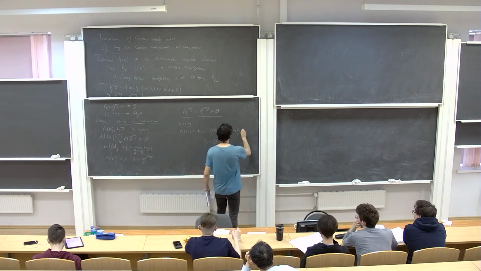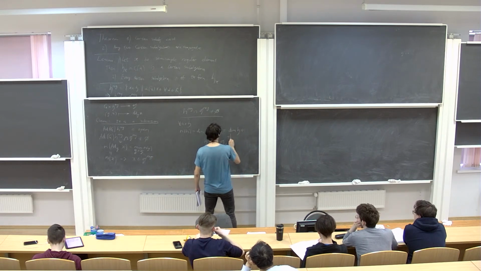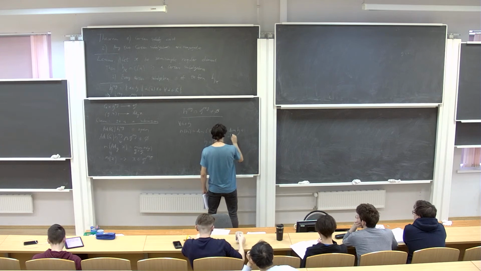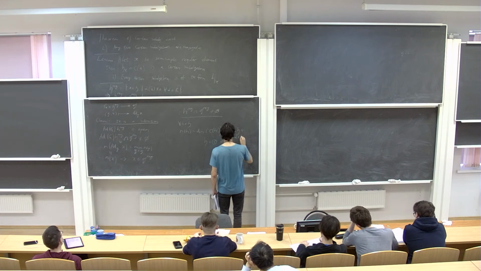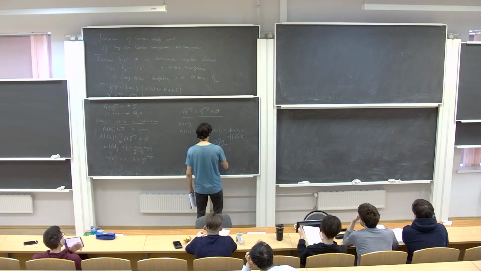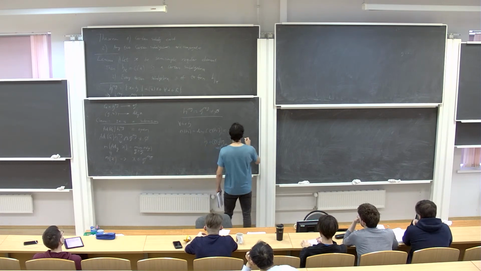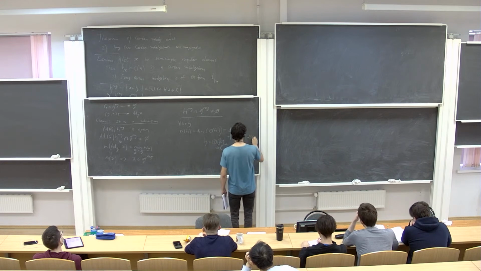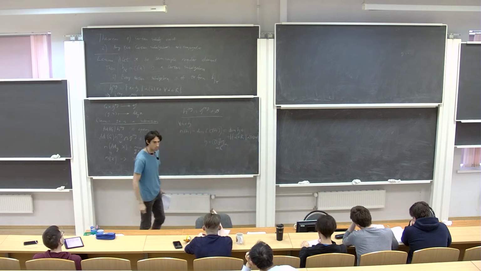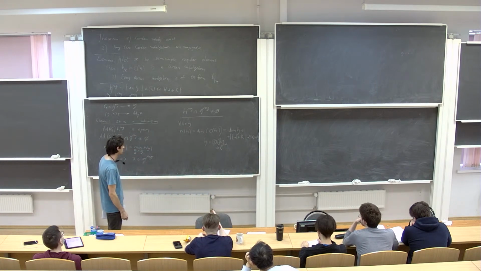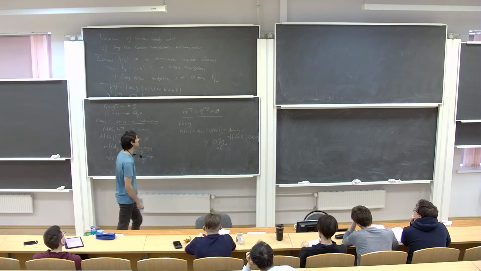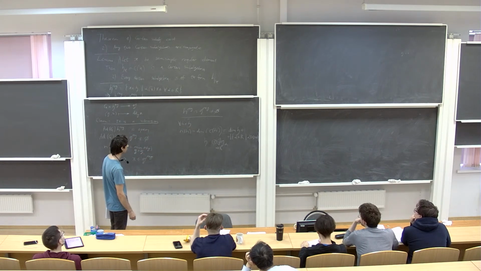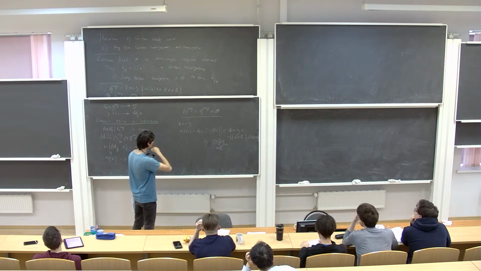So plus the size of the following set: alpha in R, such that alpha of H is 0. Too many pluses. Yes, like that. Okay. So we have this.